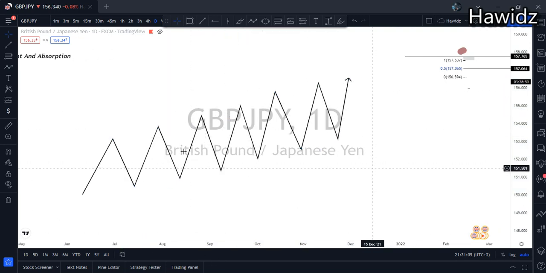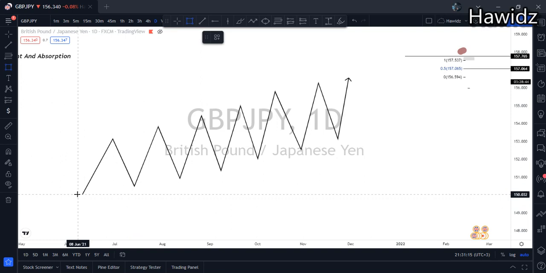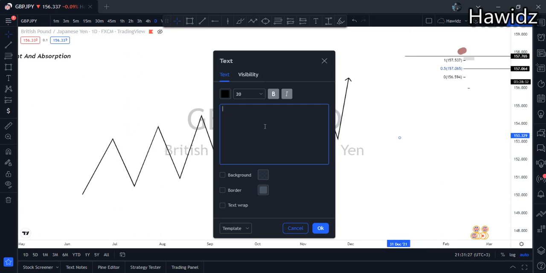So the idea of displacement is that, based on how we trade, we have these three major important things, right? We know them, which is structure, S&D, and what?